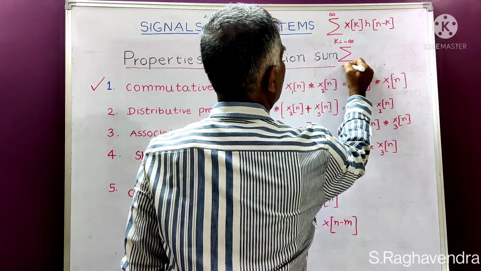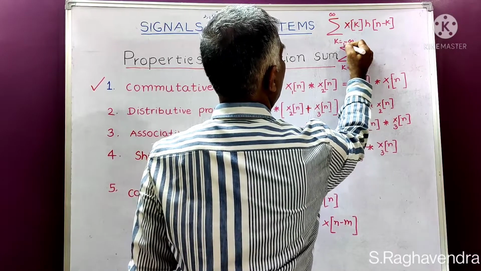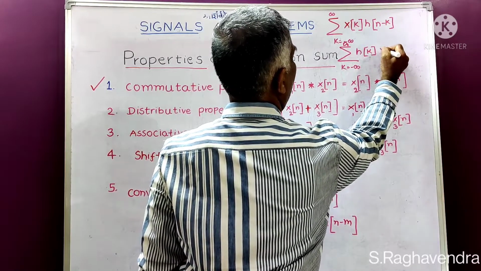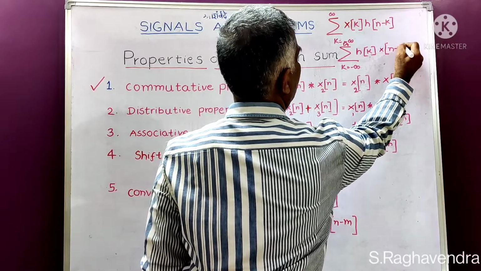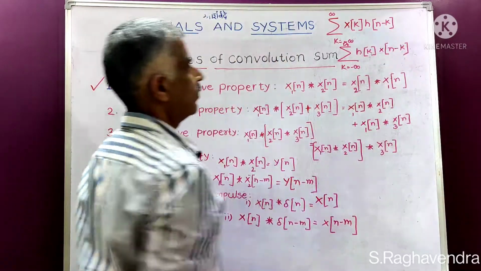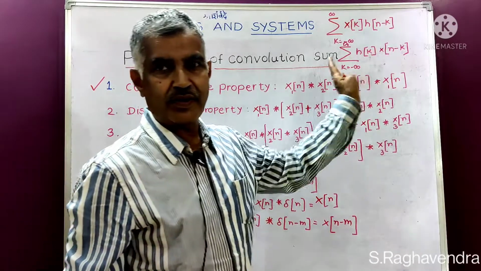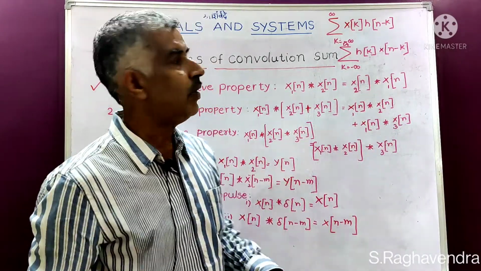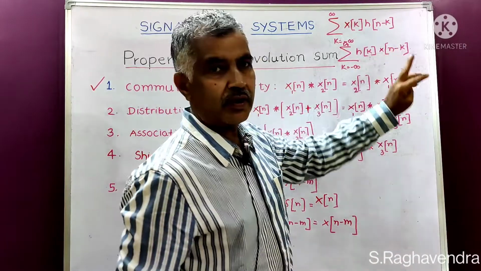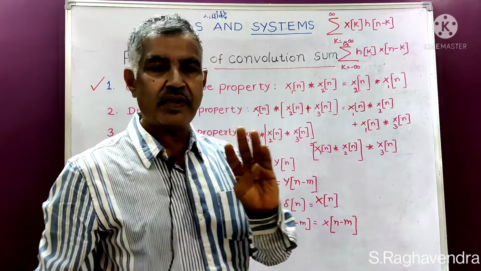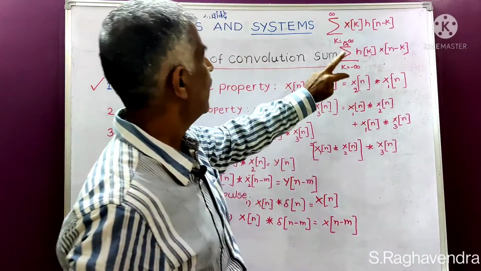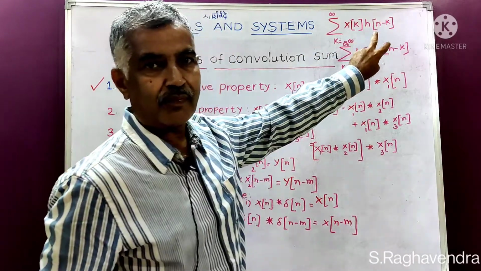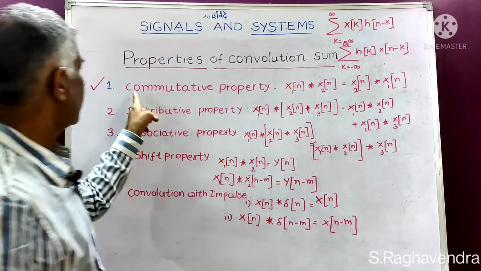That is, the summation over k equal to minus infinity to plus infinity of h of k and x of n minus k. You can reverse because it all depends on the problem. For example, this shifting and all is much easier with an easier sequence. That is why I am stressing this. So you can reverse the order. This is the first property.